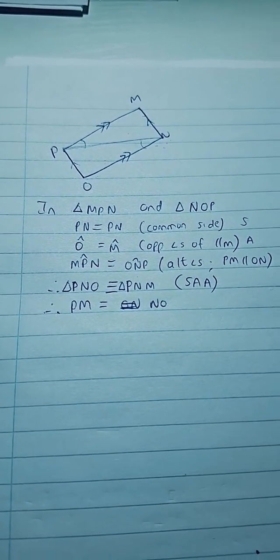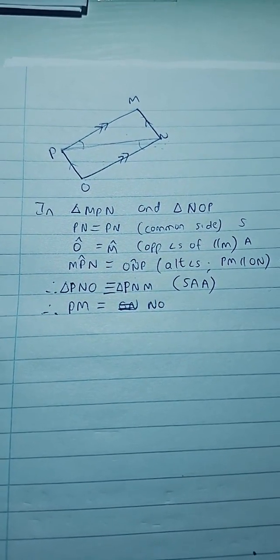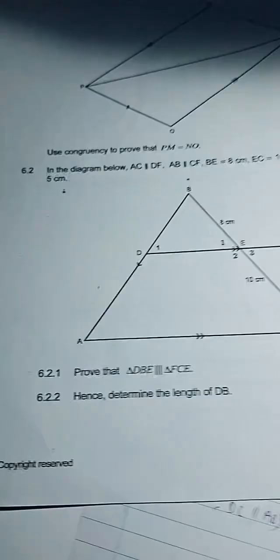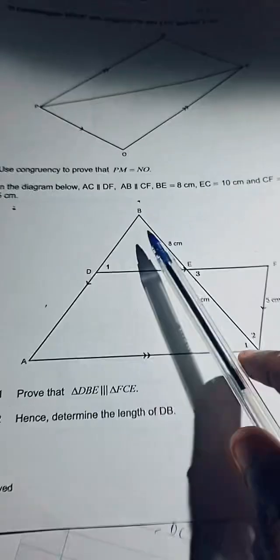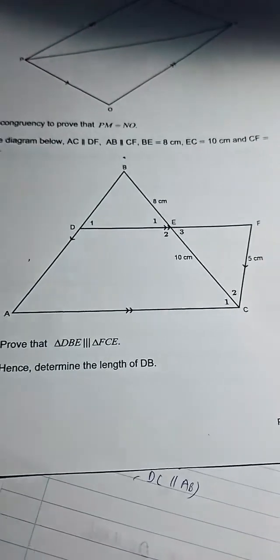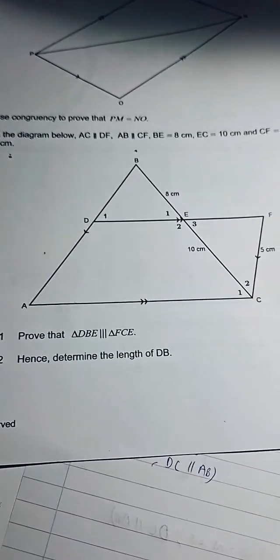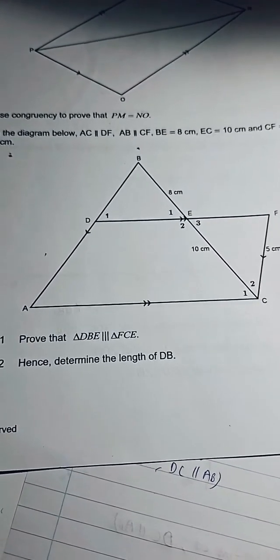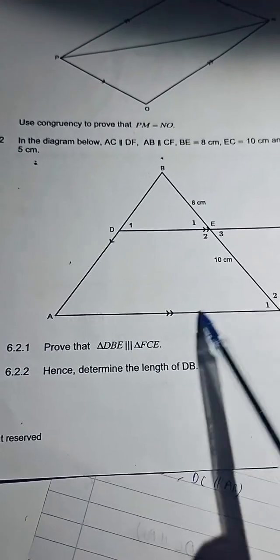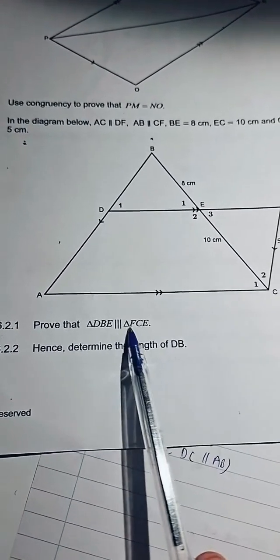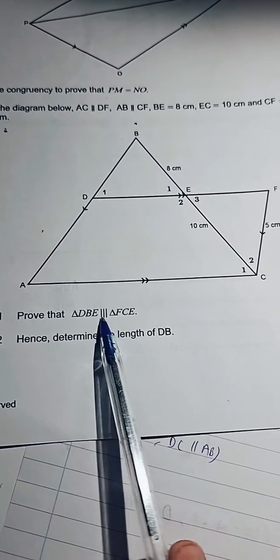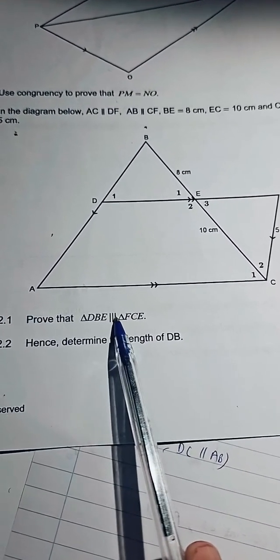The two triangles are equal in every respect, both angles and sides. I want to then conclude with this problem. Congruency is a topic we have to cover for geometry, but there's also similarity. Look at this: similarity of triangles, not congruency.